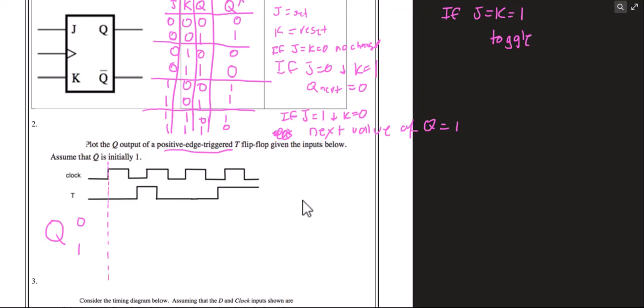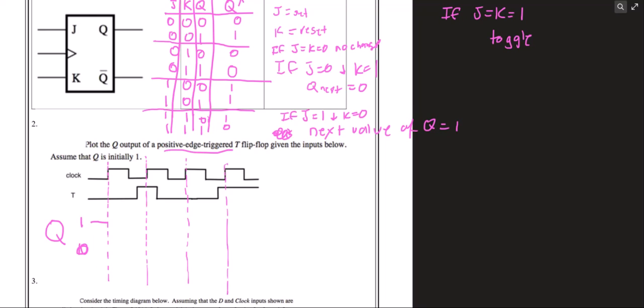So I draw little vertical lines at the positive edge of the clock, and I know that's the only place Q can change. And we're starting with Q equals 1.